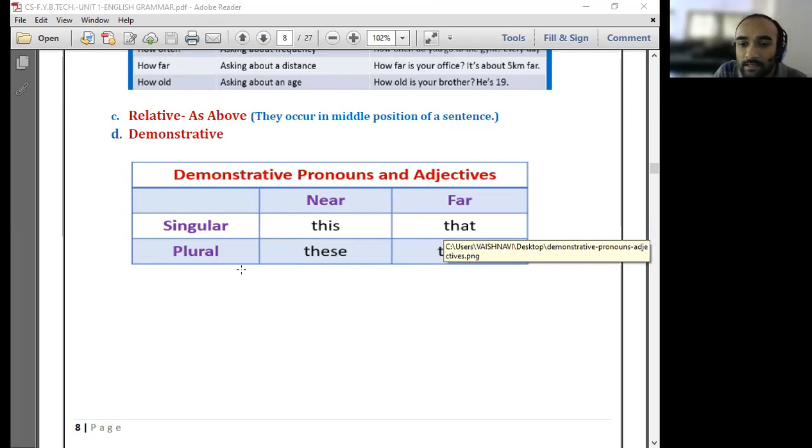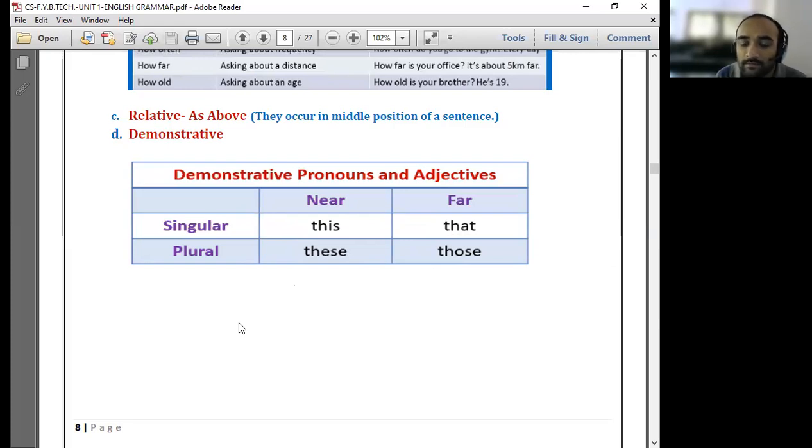Then, in the plural, when we are denoting things which are plural in number, we can demonstrate them with these, which is near.